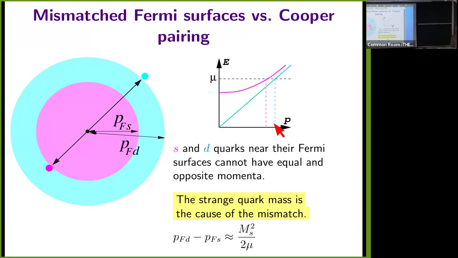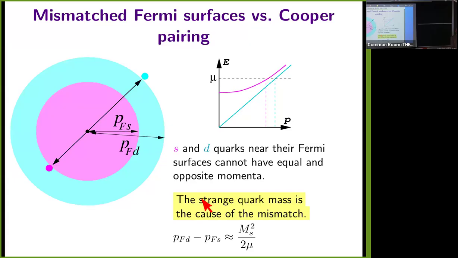And the reason is strange quarks are more expensive, right? Each one costs its mass before you even put in any momentum. So because of the strange quark mass, there'll be fewer strange quarks. So you see that here, we filled the strange quarks up to their Fermi momentum. We filled the down quarks up to their Fermi momentum. They both have the same Fermi energy, but they have different Fermi momenta.